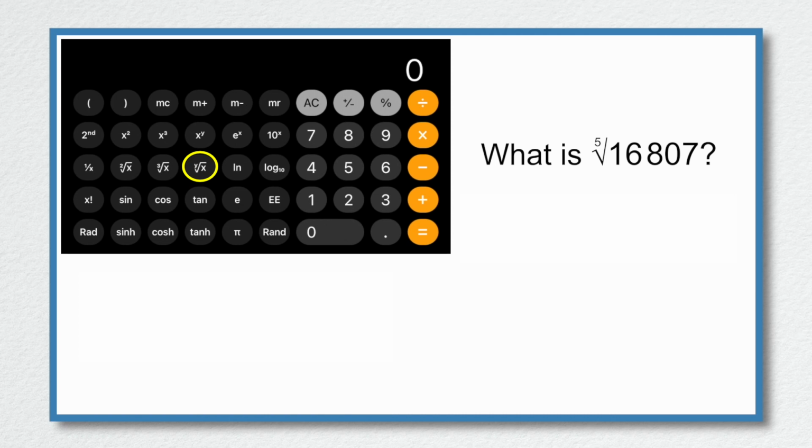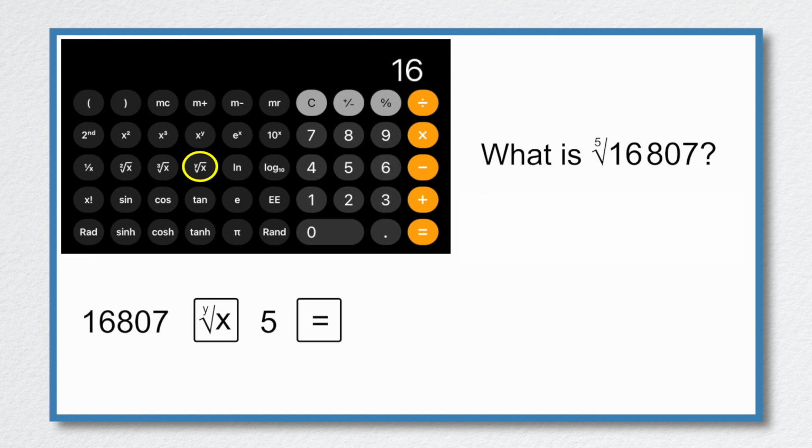The first thing we do is type in 16,807. This represents our x. We now press the y root of x button, and then type in 5, as this represents our 5th root. This represents the y value. We then press equals, and we get the answer 7.